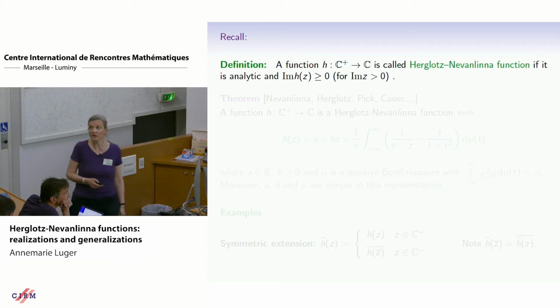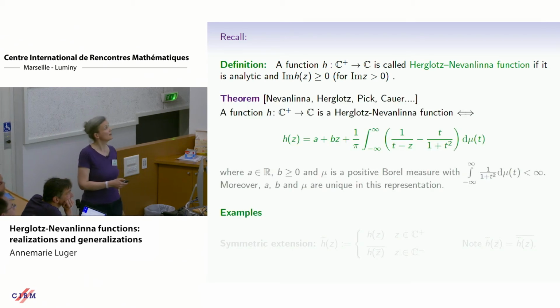And we know the theorem, which was already used here, but I want to recall it, of course, going back to Nevanlinna, Herglotz, Pick, that a function that is defined in the upper half plane and complex valued is a Herglotz-Nevanlinna function if and only if it can be written in this way: a real constant, plus a non-positive constant B times theta, plus the integral term, where this is integrated against a positive Borel measure, such that this function here is integrable.